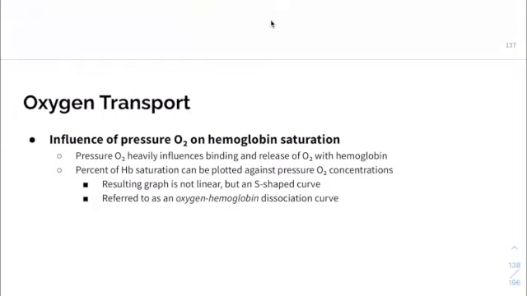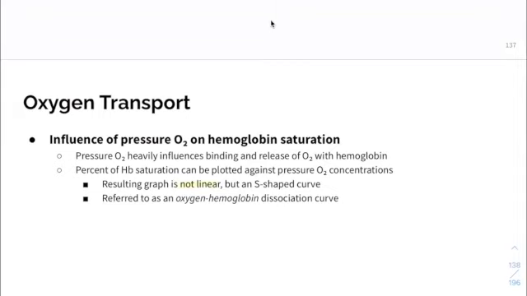So if we look at that influence of the pressure of oxygen, if we have that percentage of hemoglobin saturation, we can actually draw that on a chart. And it can show the differences in oxygen concentration depending on where we're at.